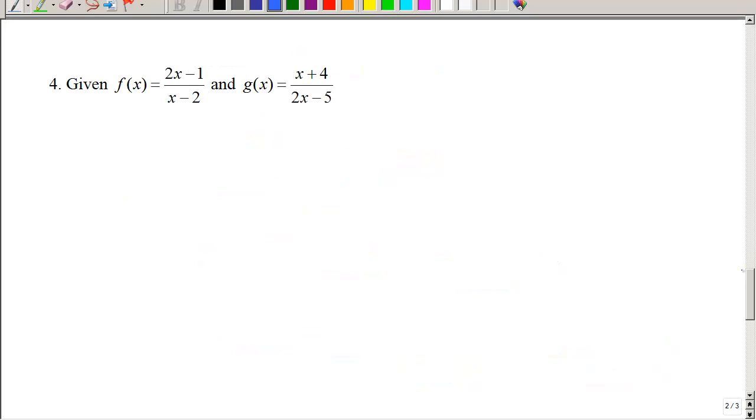All right, so again, we're finding f of g, trying to stay consistent here. So this is my input function. So what would be step 1? It would be to find the domain of that. So again, the denominator cannot equal 0. So x cannot equal 5 over 2.